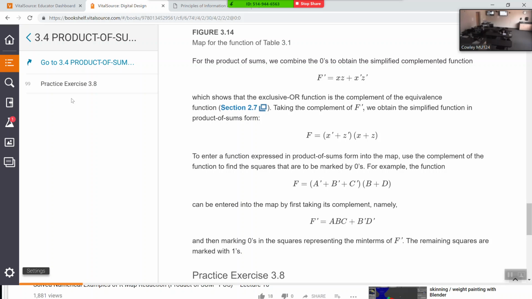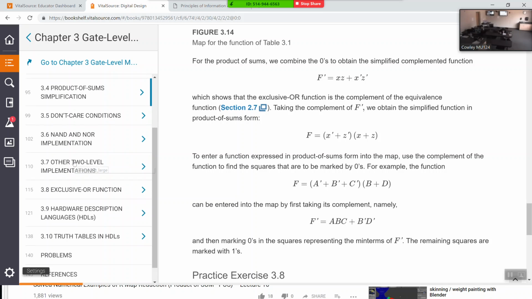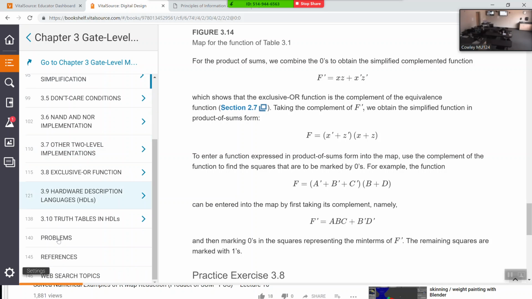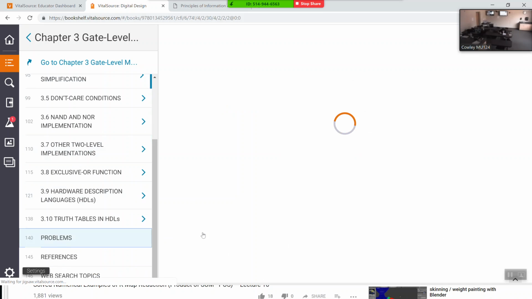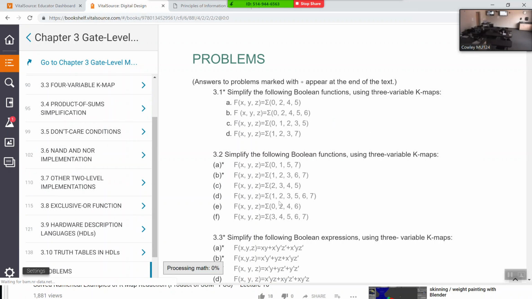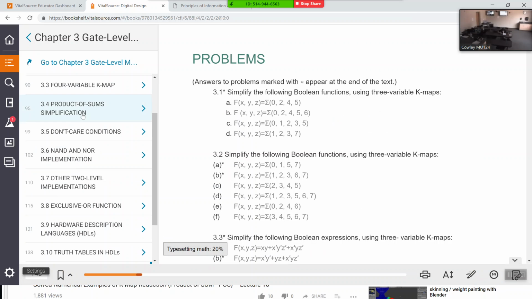Okay, let's look at some examples. This is the end of chapter 3.